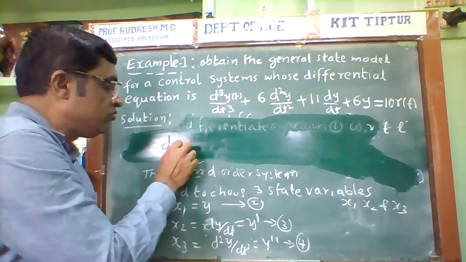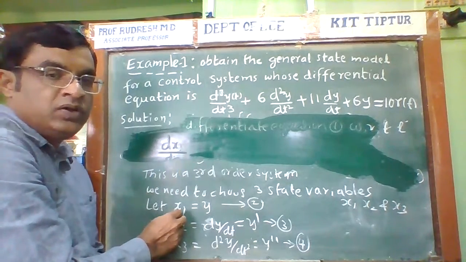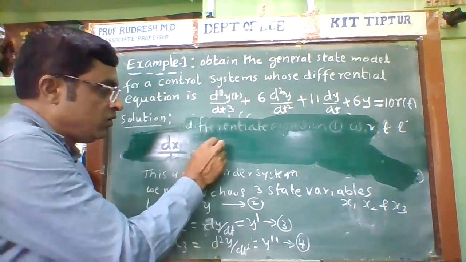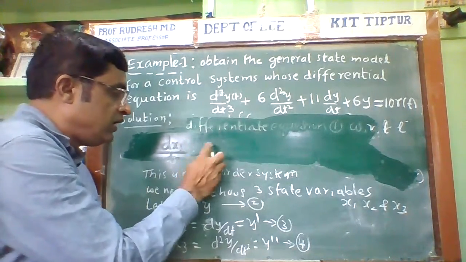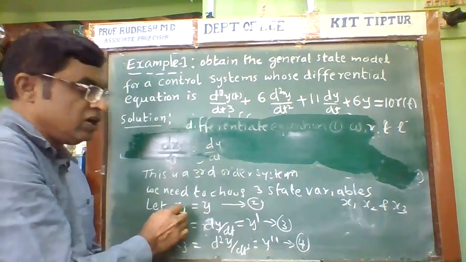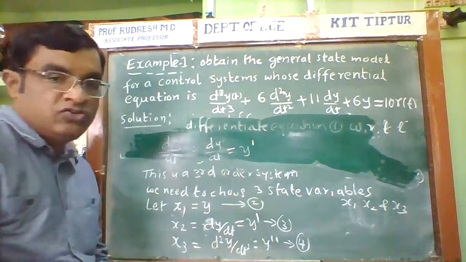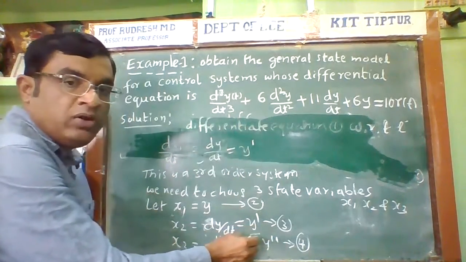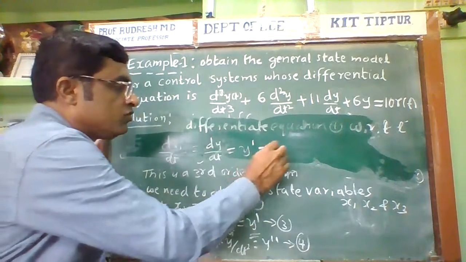Now what is dx1 by dt? On the left hand side, if I differentiate, dx1 by dt is equal to dy by dt, which can be written as y dash. Now what is the value of y dash? If I look at equation 3, then the y dash value is equal to x2.